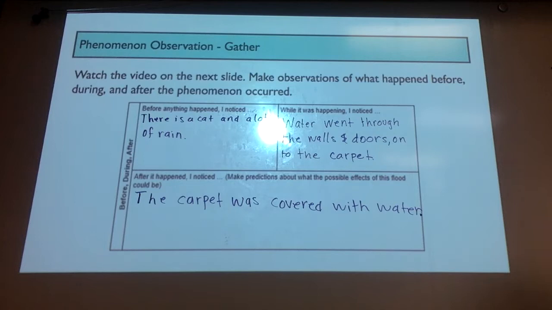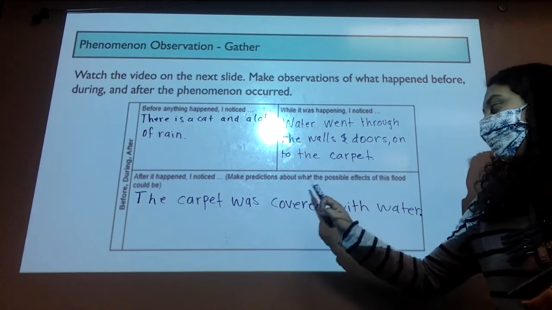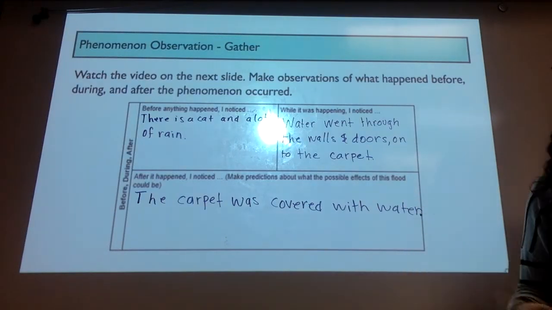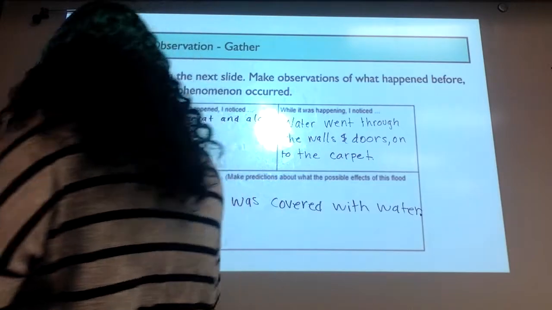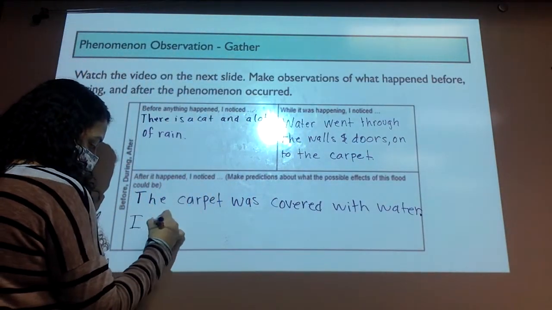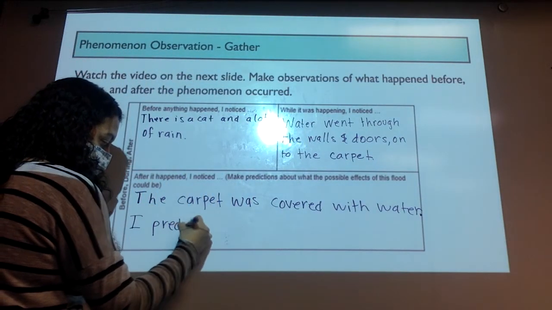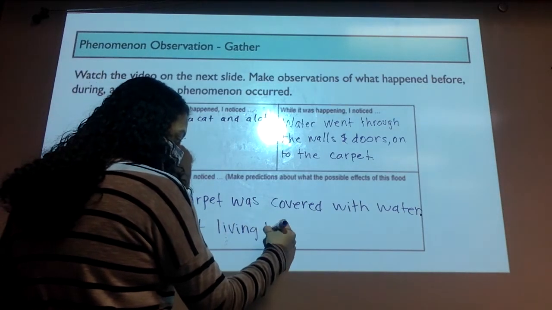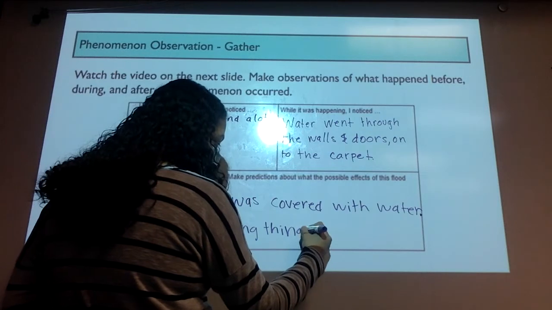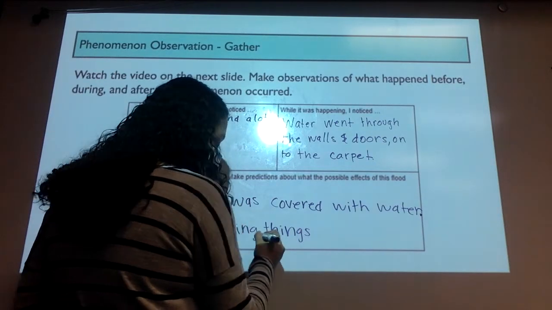So make predictions. Make predictions about what the possible effects of this flood could be. So I predict, Ledger, the cat could maybe die. No. I predict living things, I'm in a cat state water, so it might not die.